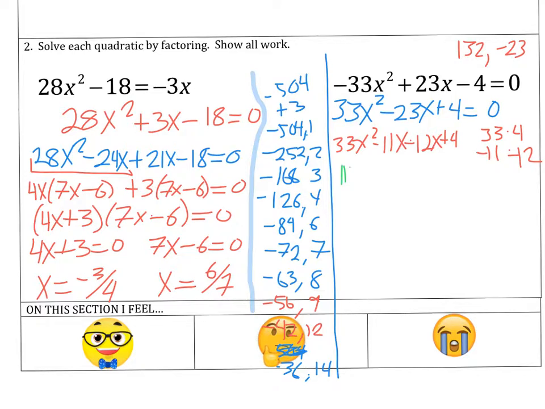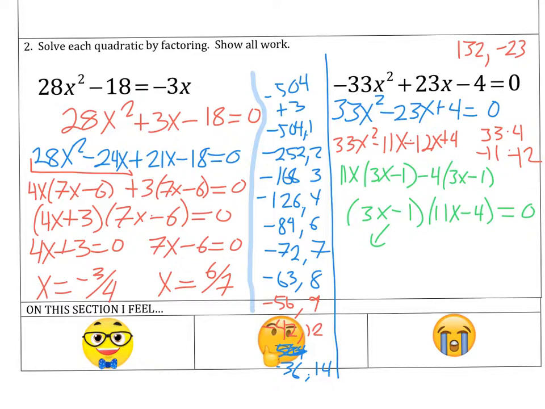We end up with 11x and 3x minus 1. We end up with minus 4 and 3x minus 1. So 3x minus 1 and 11x minus 4 would be our two factors. That's still equal to 0. 3x minus 1 equals 0, or x equals a third. 11x minus 4 equals 0, or x is equal to 4 over 11.